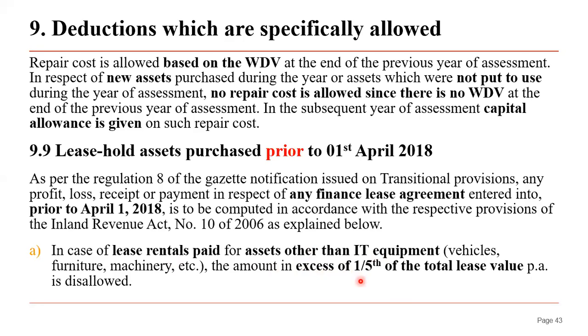Whatever lease rental was paid, we need to determine the lease rental paid, and also determine 1/5 of the total lease value. If there is any excess, then we have to disallow it.